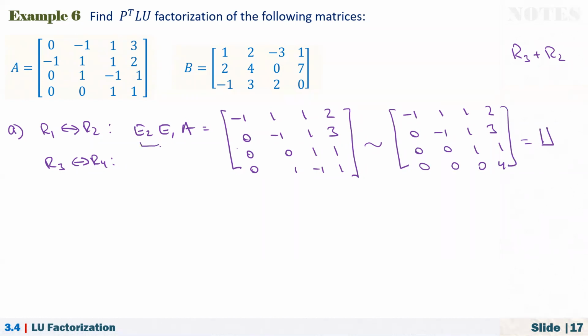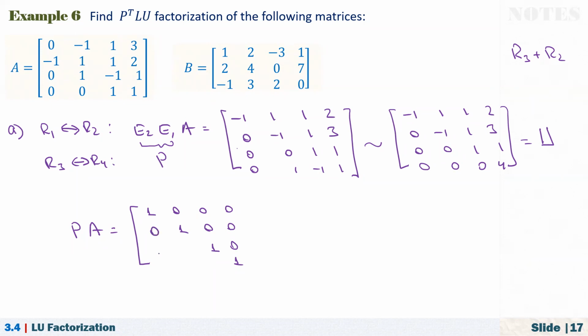So now if I just label this by P, okay, then here we have P times A becomes L times U. What is L? 1, 0, 0, 0, and 1, 0, 0, and 1, 0, and here we have 1. And only this 3, 2, right? We did only one operation. 3, 2 is negative 1.